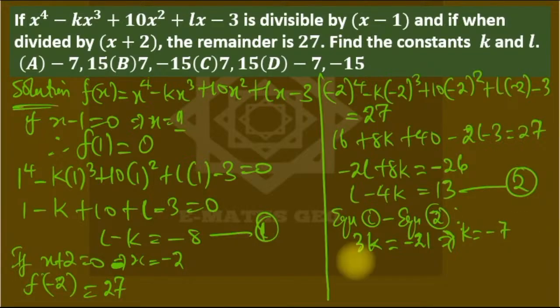We choose any of the equations and substitute the value of k. Equation 1 is better. We see that l will be k minus 8, which is minus 7 minus 8. So l is minus 15.